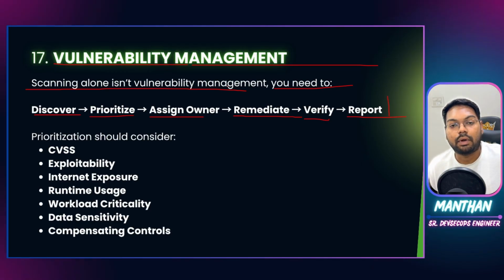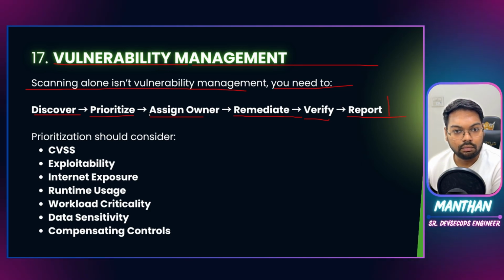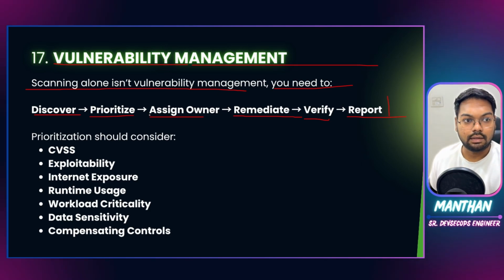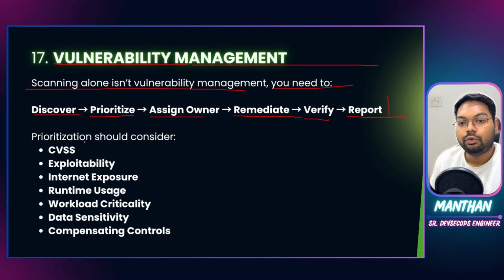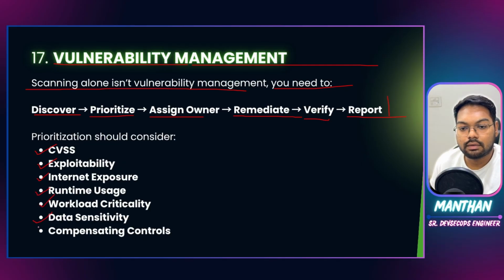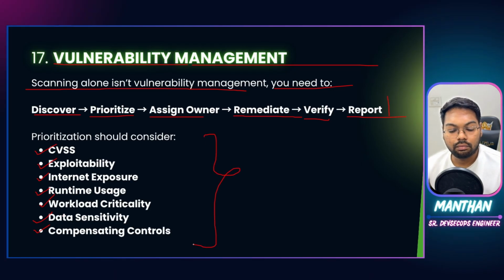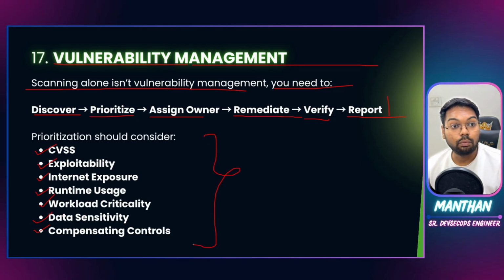It's about prioritizing them, fixing them, and then again assessing your entire mechanisms or your assets for vulnerabilities. So prioritization should consist of CVSS, exploitability, internet exposure, runtime usage, workload criticality, data sensitivity and compensating controls. So these are the things you can take care of when you want to prioritize.